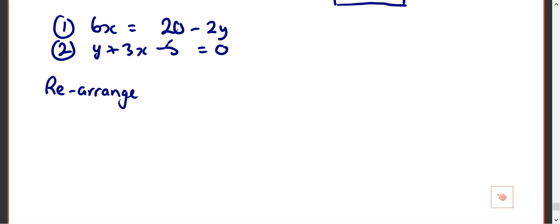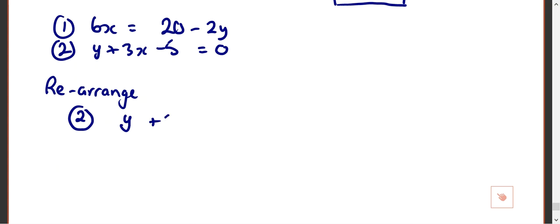I don't have to do any division. I could actually rearrange number 1 to make it y and then divide by 2, that'd be fine. But if I divided this by 6, that would be a bit awkward, wouldn't it? So number 1 could work with an extra couple of steps, but I'm going to choose to rearrange number 2, like Matthew said.